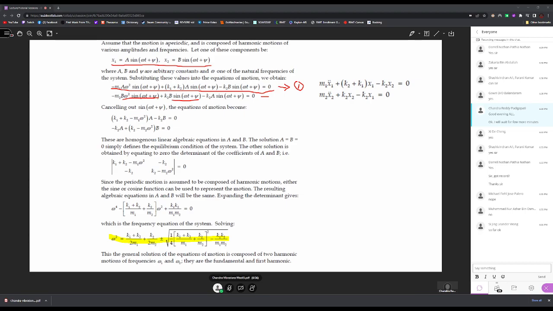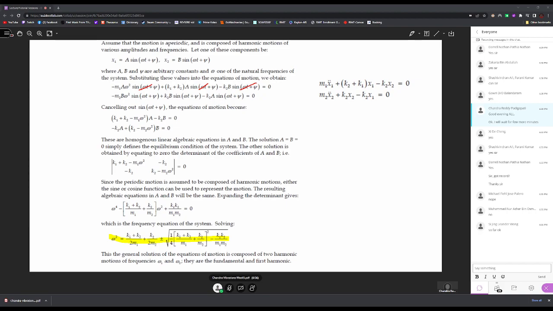So you will get these two equations by substituting the values of X1 double dot and X2 double dot in our equations of motion. Now you can see that in all these terms, sine omega t plus phi is a common factor, so you can cancel this.